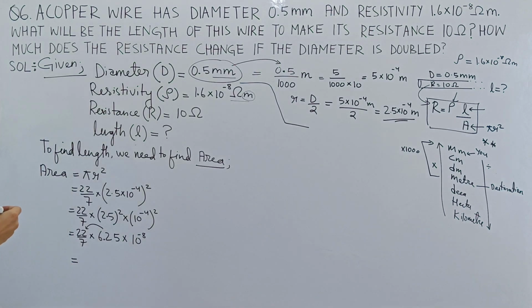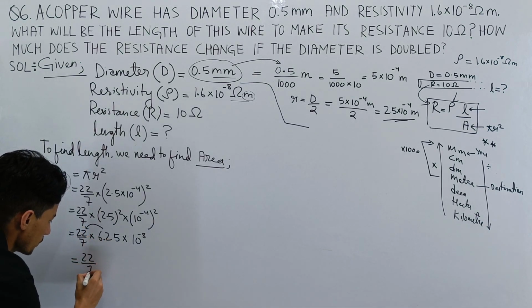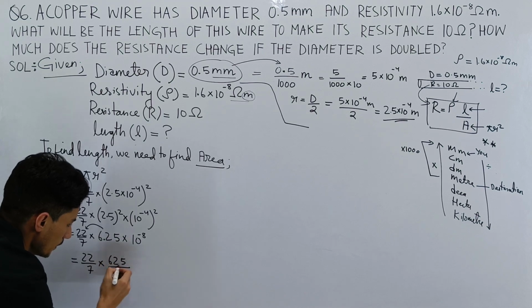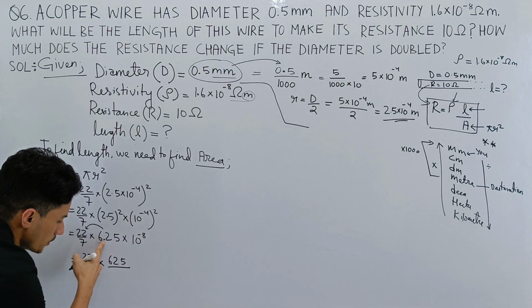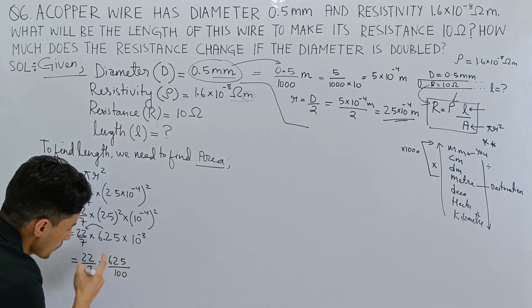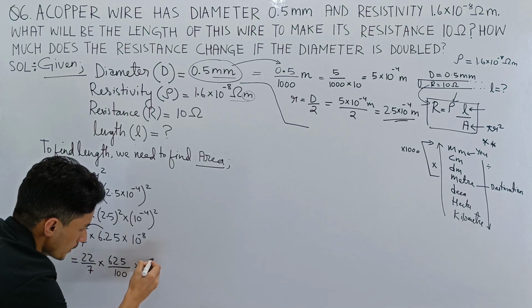We'll remove the decimal first from 6.25. So you write 625 and there are 2 numbers after the decimal, so the denominator will get 2 zeros, 10 to the power minus 2. And we have 10 to the power minus 8.